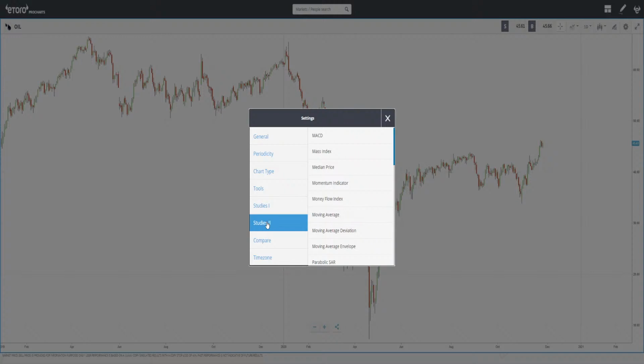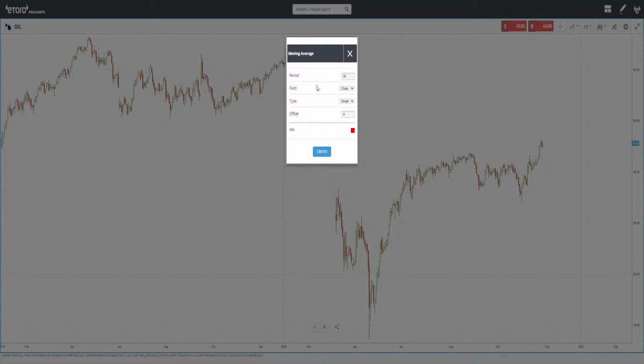So in study 2, you have, for example, the MACD, you have the median price, and then you also have here the moving averages.